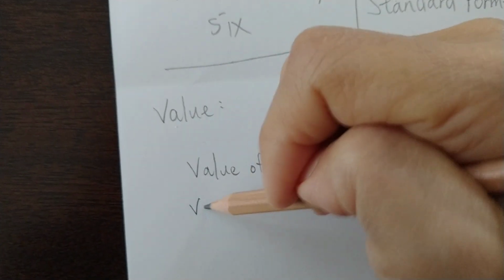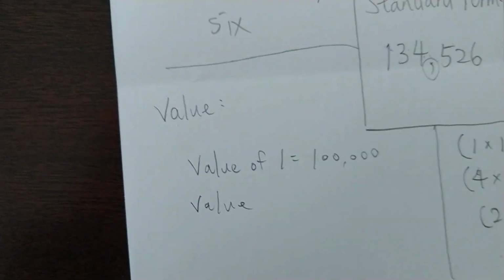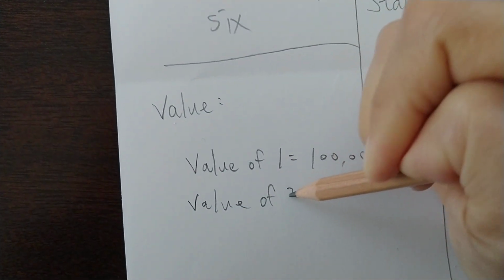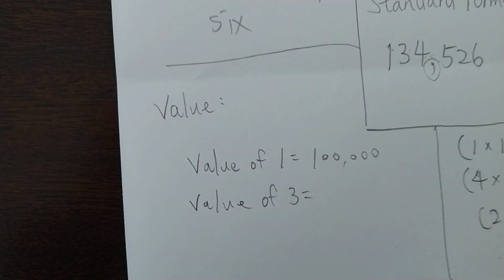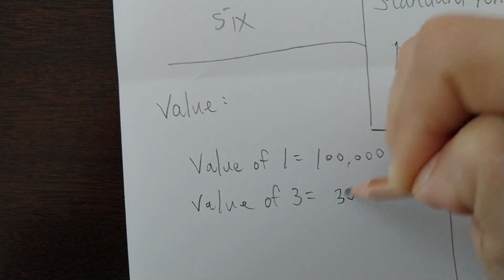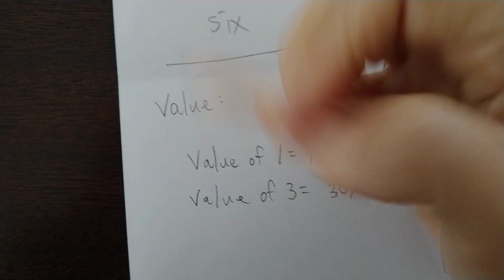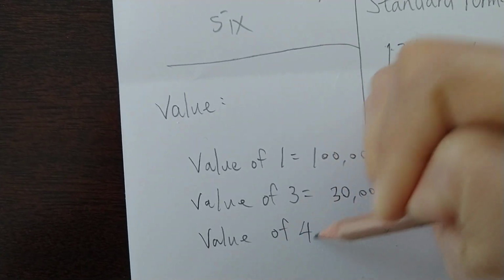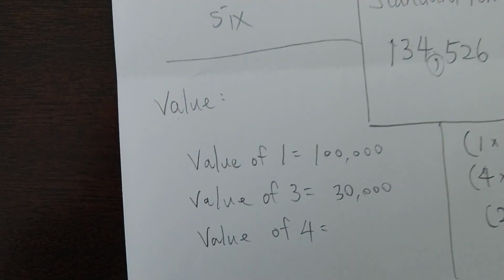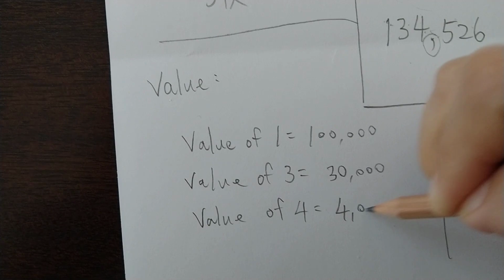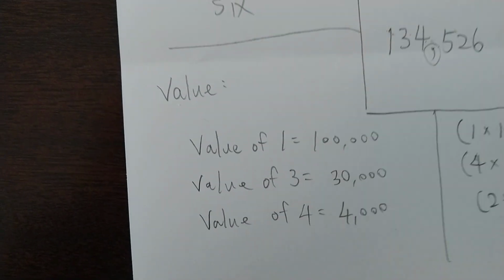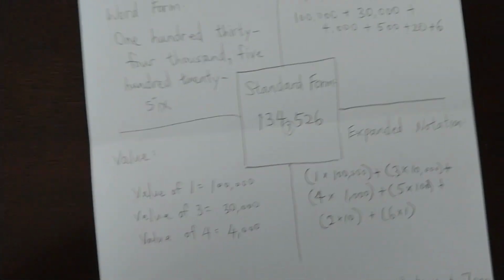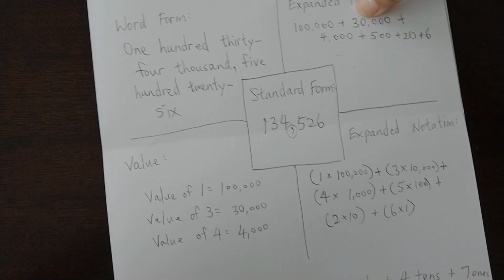The value of the 3 will be not 10,000 but 30,000. The value of the 4 is not going to be 1,000, it's actually 4,000, and so forth. So this is the representations of different numbers.